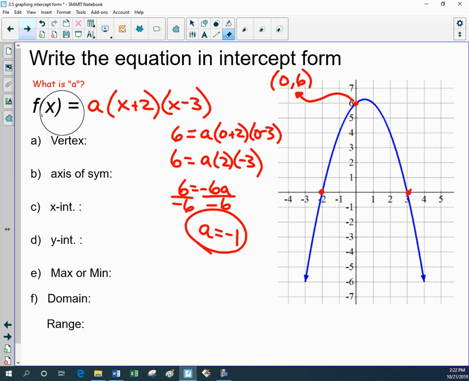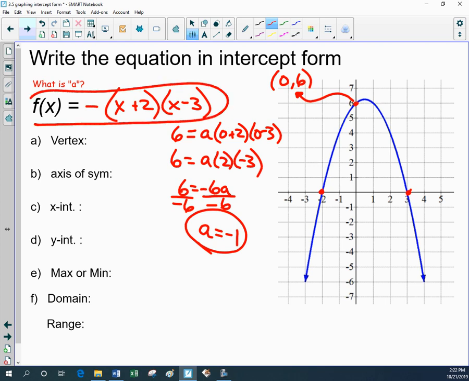So we wouldn't put a negative 1, but we would just write in front here just a negative sign. So here's our equation. And now we've got to do a little bit of work to find the vertex. So to find the vertex, we need to first of all find the axis of symmetry.